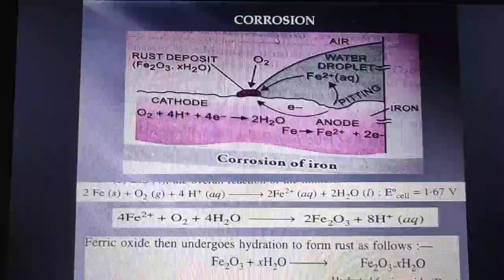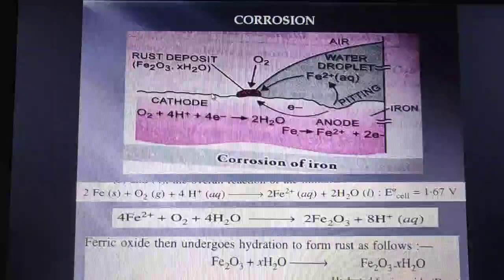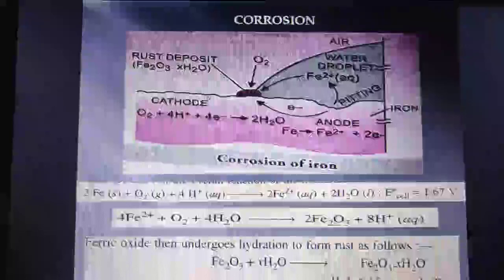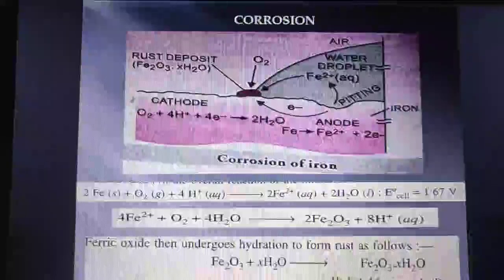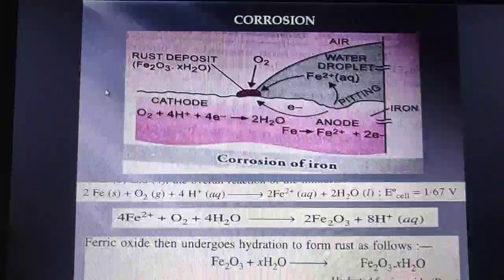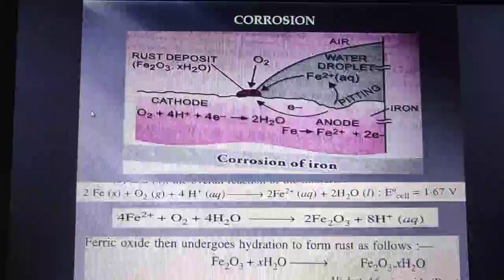The second type of prevention is sacrificial protection. For example, the metal surface is coated by a metal more active than iron. So the oxidation of that metal occurs and the iron does not come in contact with atmospheric air or water.